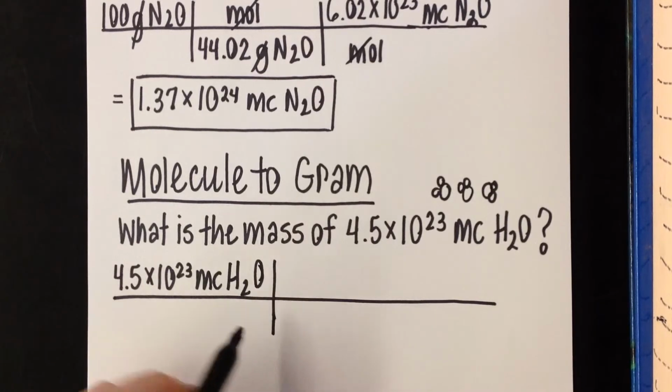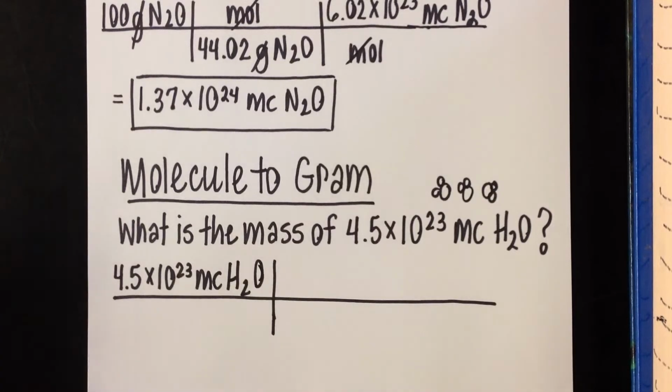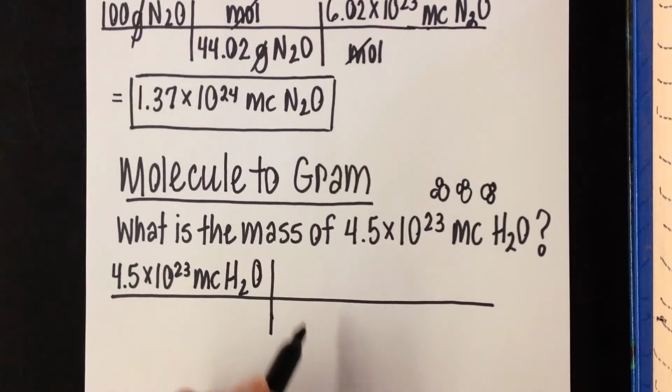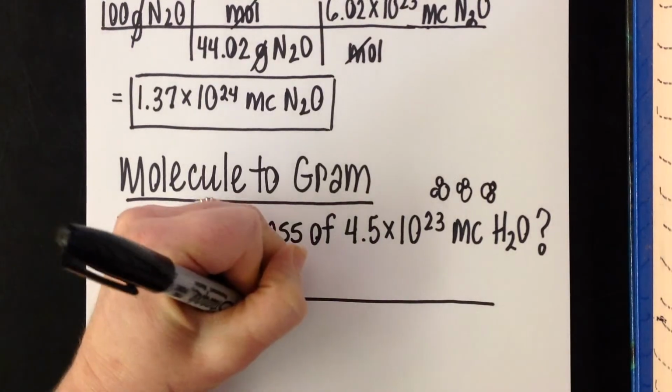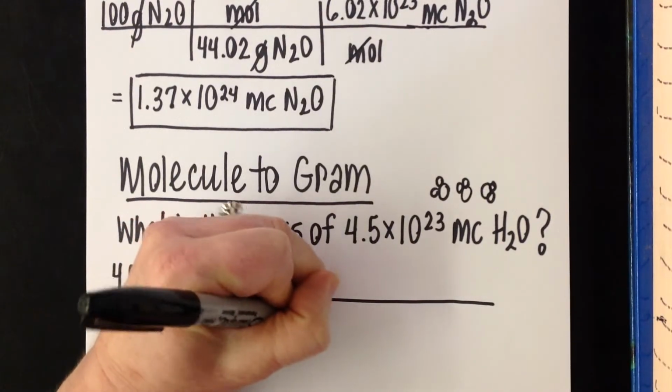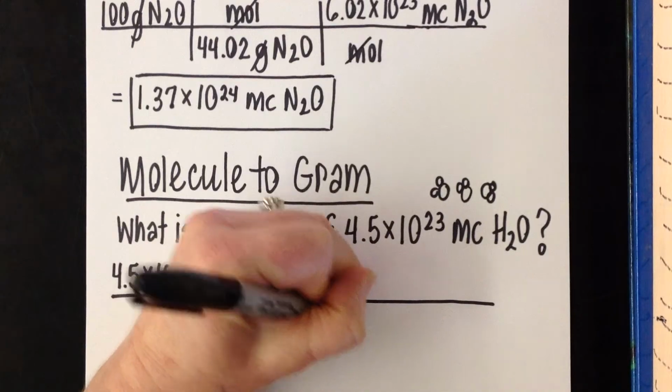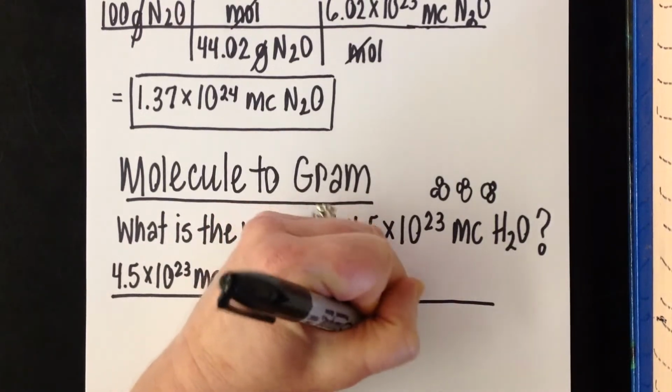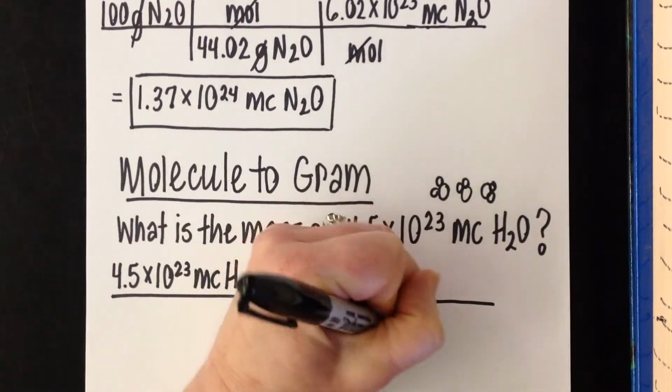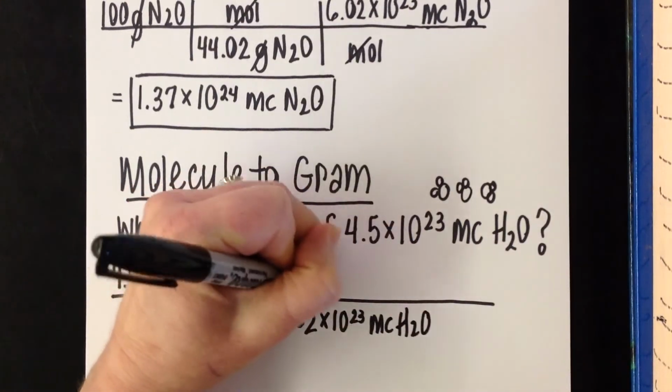But the question is, where can I go from molecules? Well, anytime you're in molecules, the only place you're going to go is moles. So how many molecules are in a mole? And we know that answer is 6.02 times 10 to the 23rd molecules of H2O per mole.